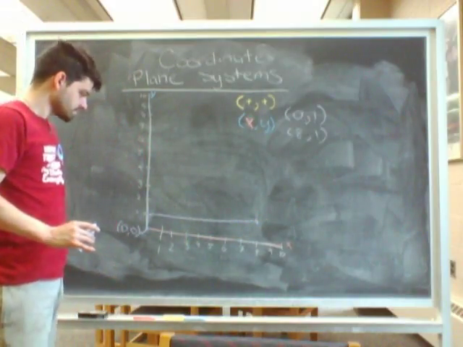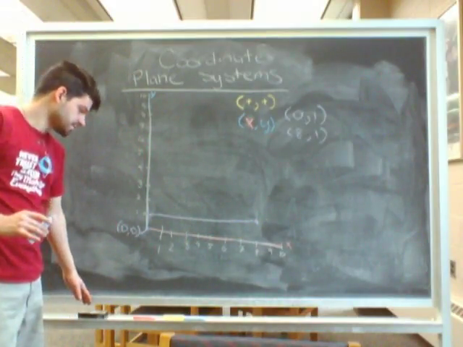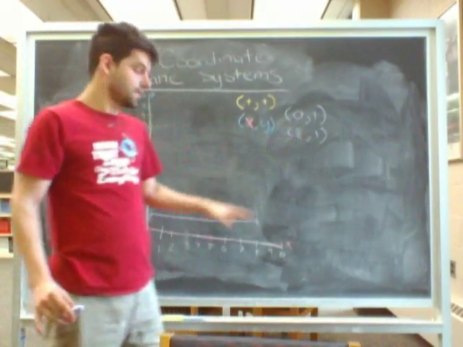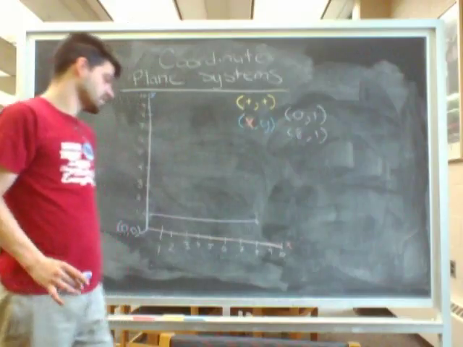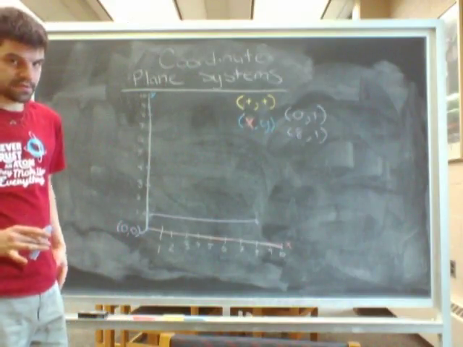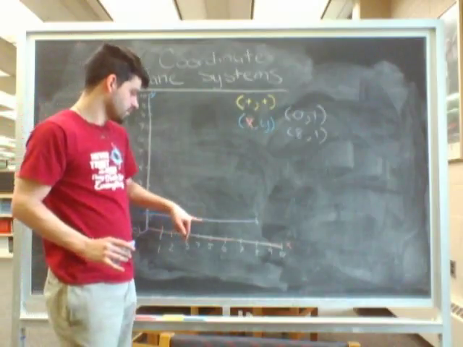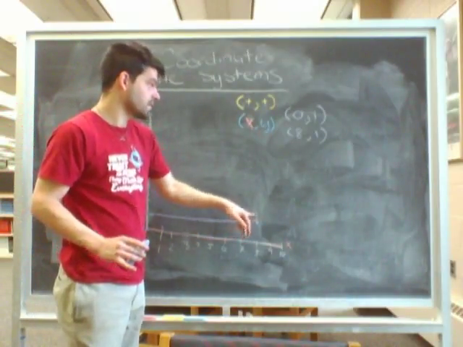Alright, so now we have our 2 points plotted and we have our line segment. So there's a couple ways to determine the distance. You can simply count 1, 2, 3, 4, 5, 6, 7, 8.